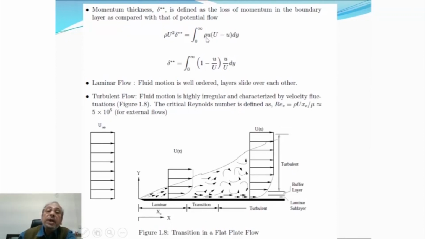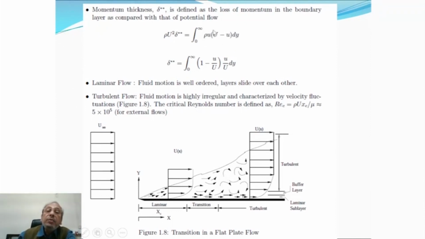So u into rho into local u, that is lowercase u, uppercase U minus u infinity, this is the velocity deficit, this is the local velocity, and this is rho basically, and multiplied by area is the momentum.